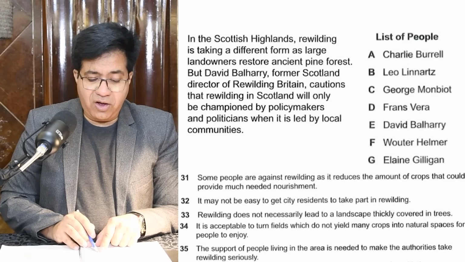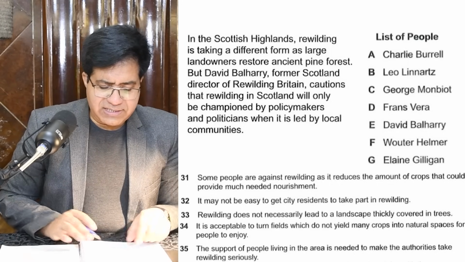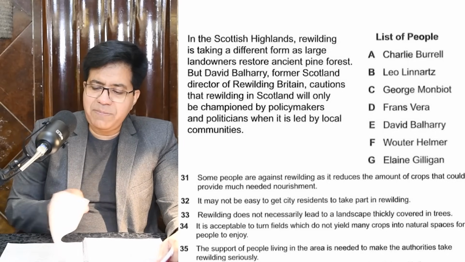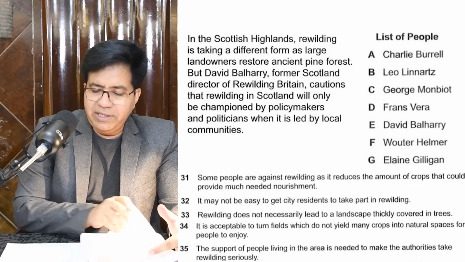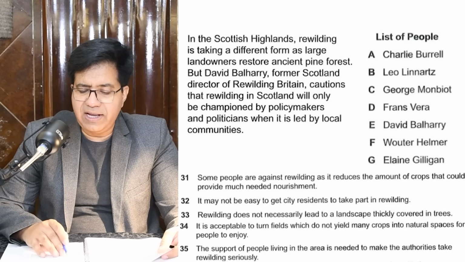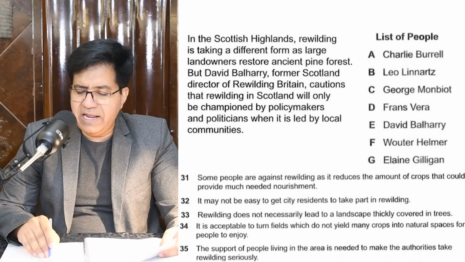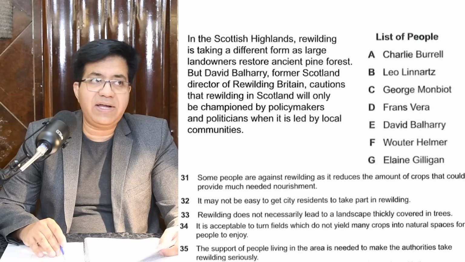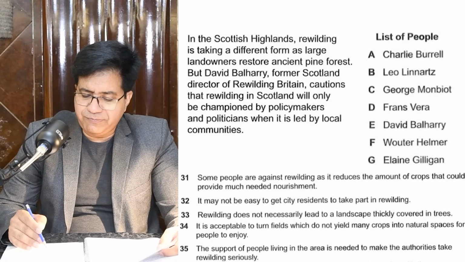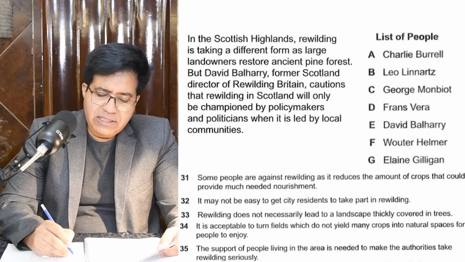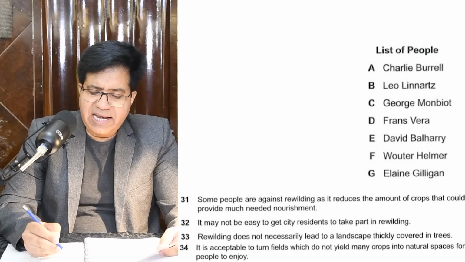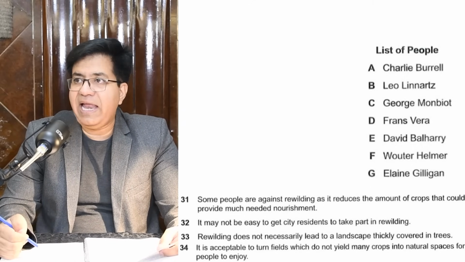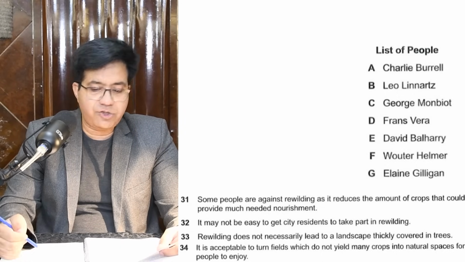We read it somewhere, authorities. By policymakers and politicians when it is led by local communities. Policymakers and politicians. Well done. The support of people living in the area is needed to make the authorities take rewilding seriously. Question number 35. Correct answer is E. Now, how many questions are left? Two: 32 and 34. And how many people are left? Two. So we are going on the right track.